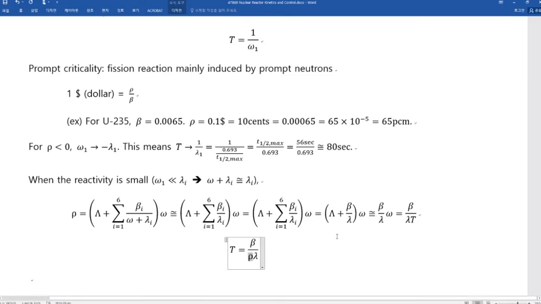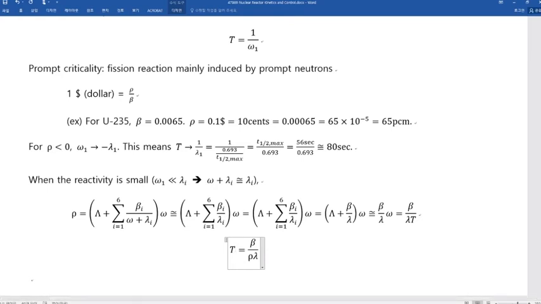And also, another thing is that this prompt generation time does not have a significant effect on the result of the reactor period.